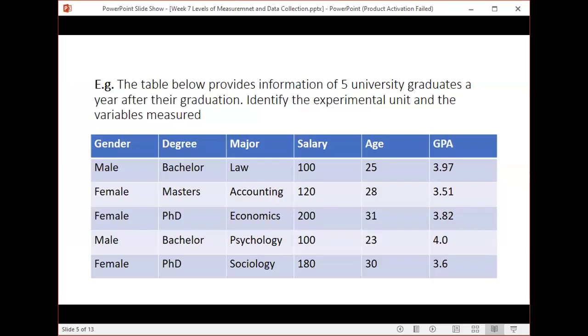Indeed. Salary and age are the continuous, whilst the GPA is a discrete. Okay, so it's the opposite for you. All right, last person to give us middle ground.